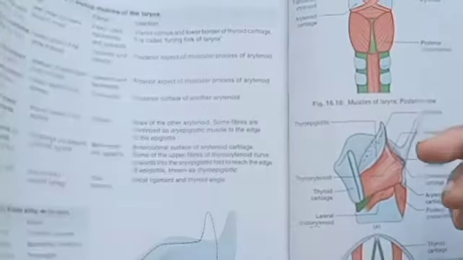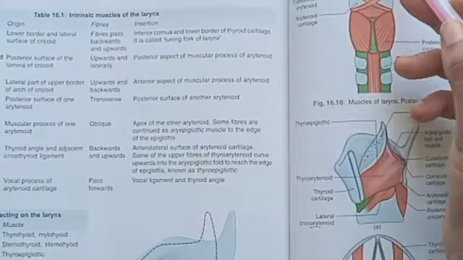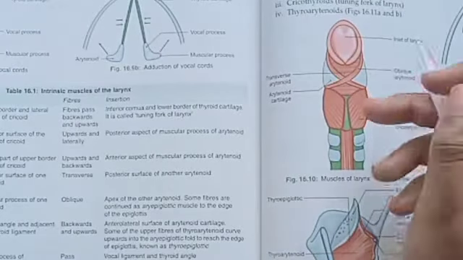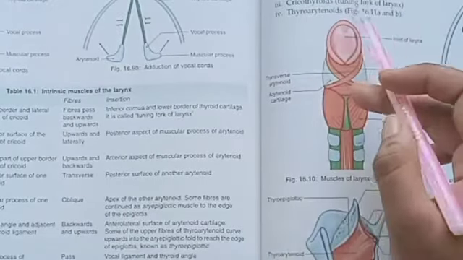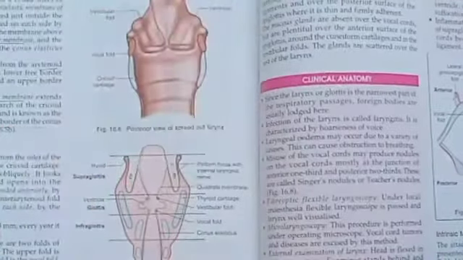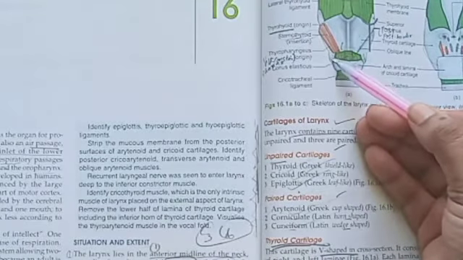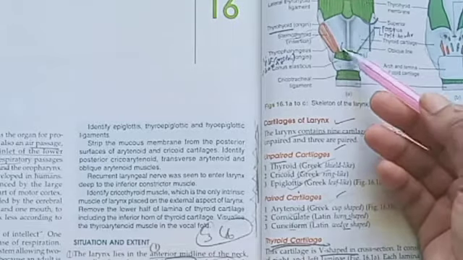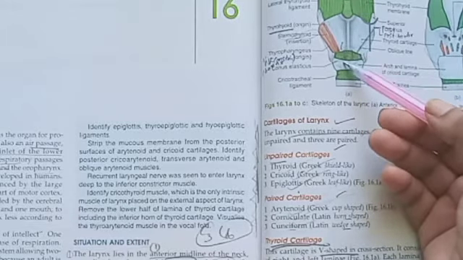So in this way we cover the muscles related to the lateral cricoarytenoid, transverse arytenoid, and the cricothyroid. Cricothyroid is like a tuning fork. You can see from this figure that the lower border, the inferior horn of the thyroid cartilage, forms a ligament with the cricoid to form the cricothyroid ligament.